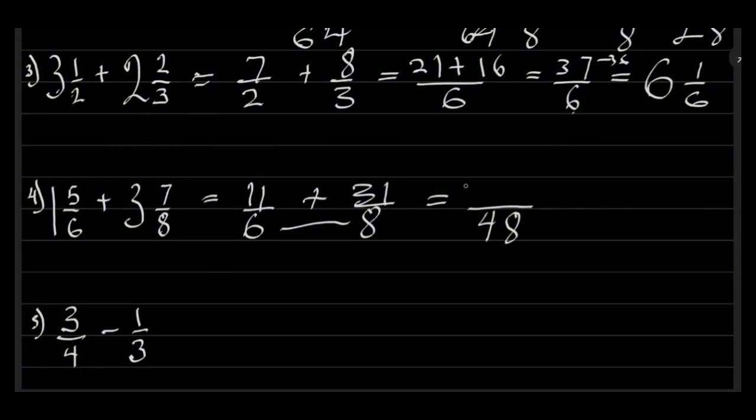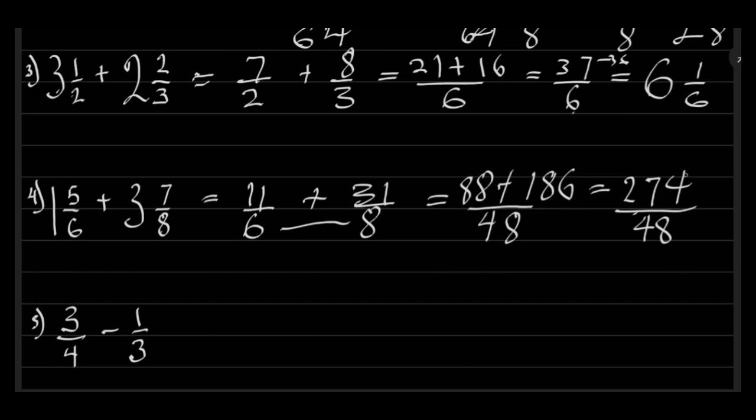11 times 8 is 88 plus 31 times 6 would be 186, and that would give 274 all over 48. Let's cancel.